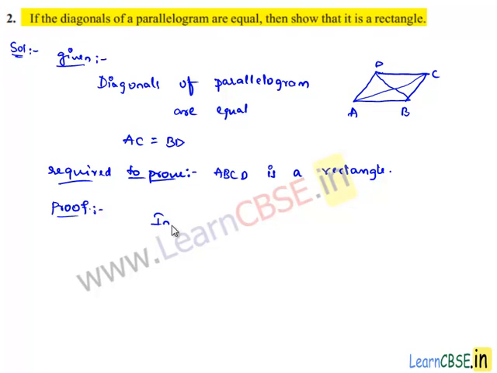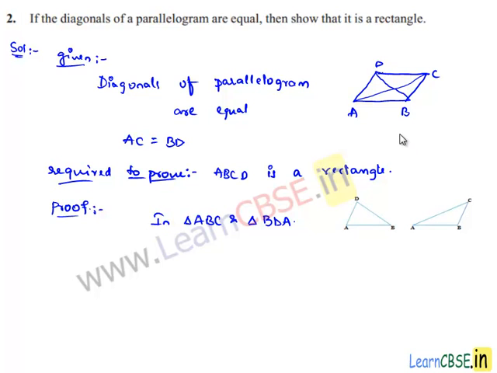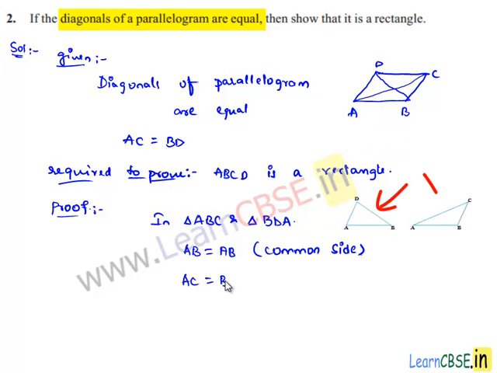Now let us consider both the triangles, that is, triangle ABC and triangle BDA. Let us note down the similarities. AB is equal to AB since it is a common side, and also AC is equal to BD since it is given that the diagonals are equal.